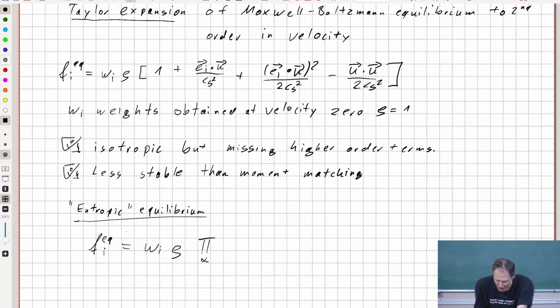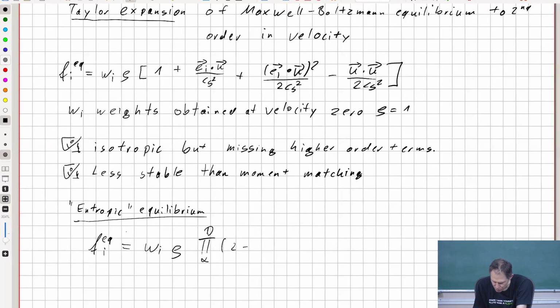A product over alpha, and alpha are the different cardinal directions, so the x, y, and z, if this is three-dimensional. And the number of dimensions is d.